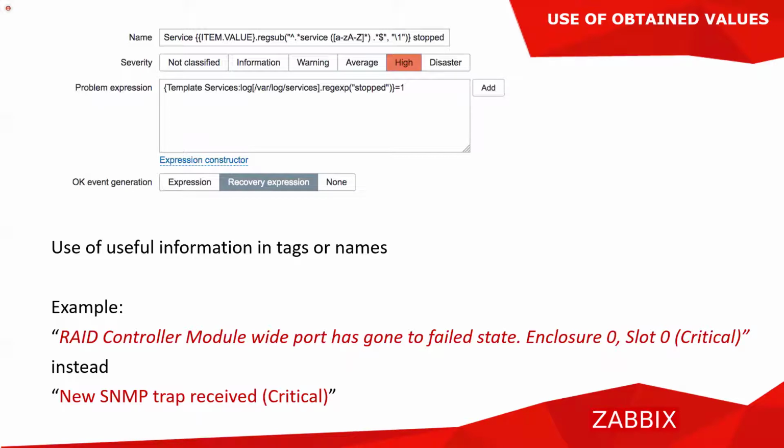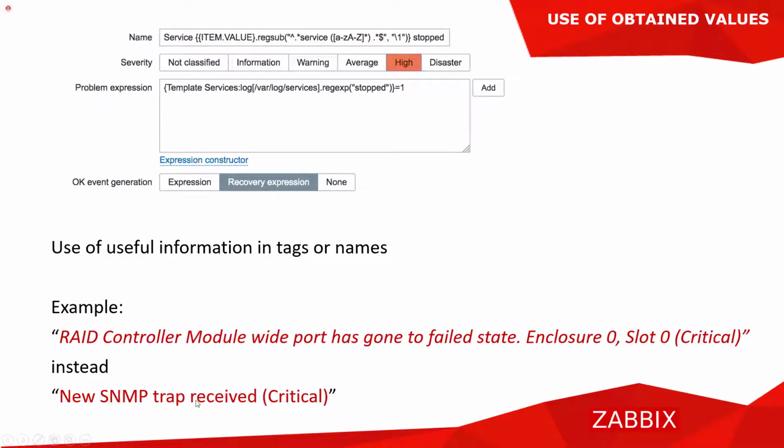So additionally, you can, of course, use useful information in the tags or names, like, for example, you can use a macro item value and substitute it with the regsub to show you a clearer picture of what exactly is happening.